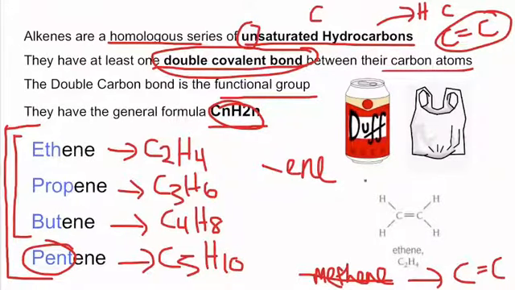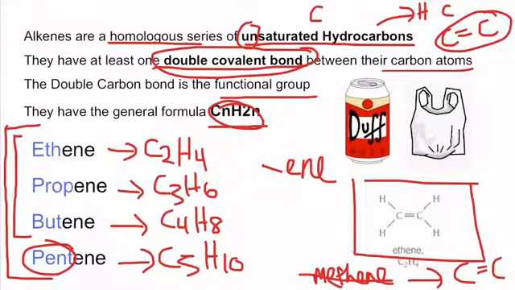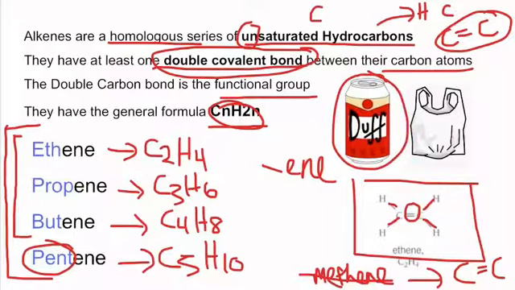Now you can also see here the display formula for our first alkene, ethene. We can see that it's got that characteristic double covalent bond between the carbons. It's unsaturated because each carbon is only bonded to 2 hydrogens, and it does follow the general formula. Now practically alkenes are usually used in industry for 2 main things: alcohol production, and they can be made into plastics through a process known as polymerization.